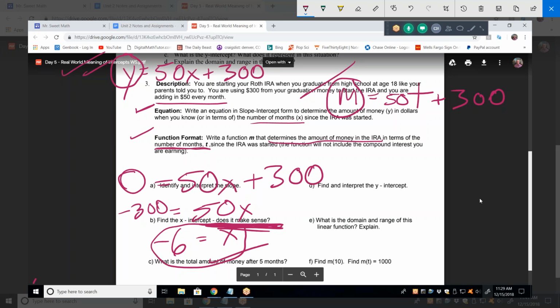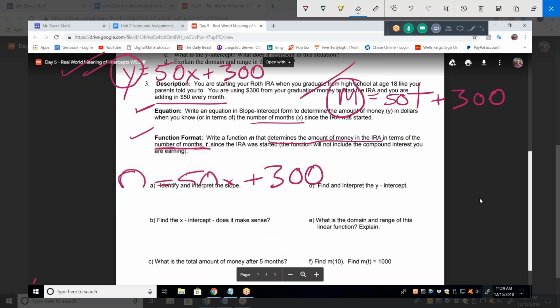And x being negative means never, because remember, x is the number of months that you've been investing. Time can never be negative. Okay? So when you come up with a negative time, it does not make sense.